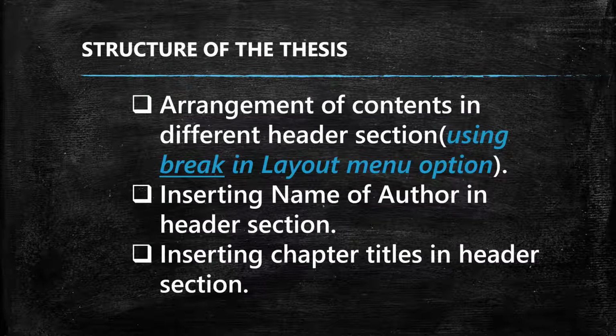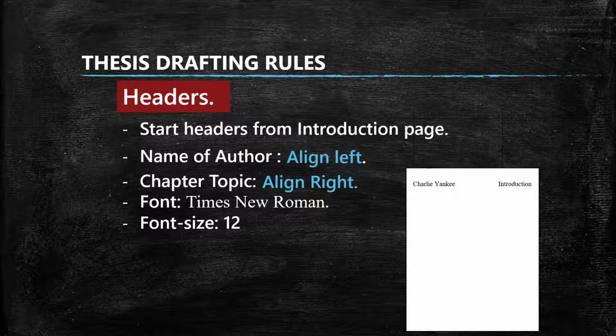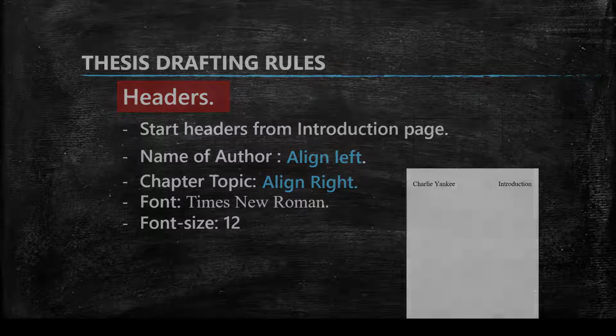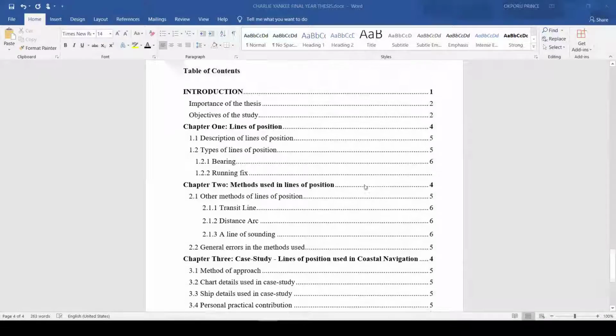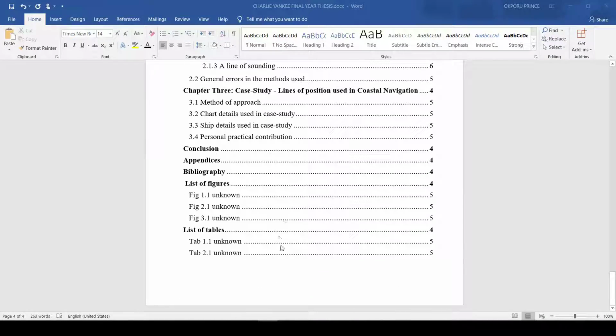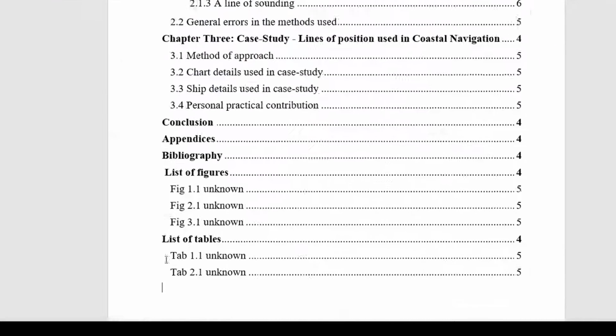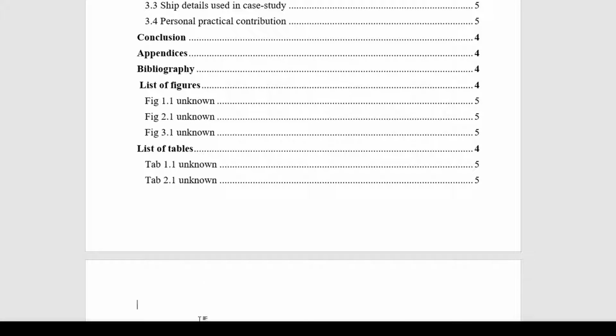Next we are going to break each of the pages and put in our different content titles. In the headers, we are going to put our names on the left hand side and the titles on the right hand side. So go to layout. Since it is not showing, go to the page again, take it down and delete.